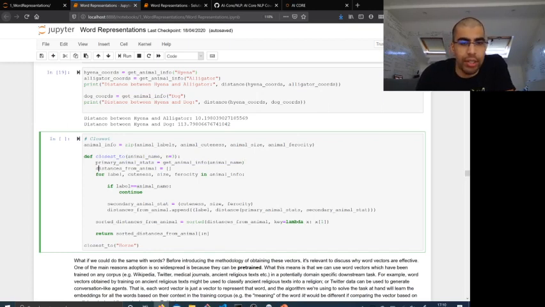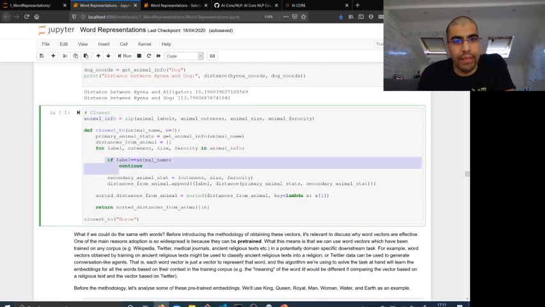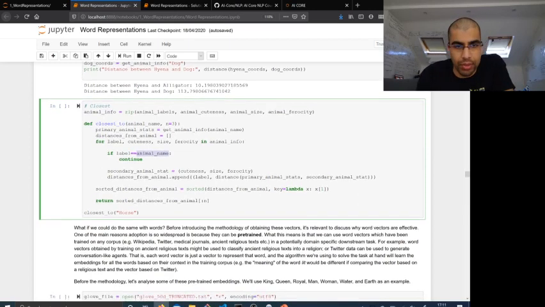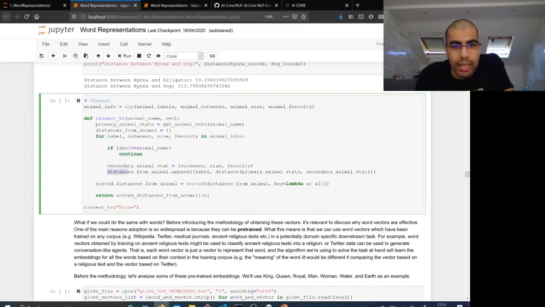And we'll initialize a list of the distances of the other animals from the animal we want to find the distances for. For every animal in our animal info, if that animal is the animal we want the stats for, we'll just skip that loop. Otherwise, we'll find the distance between the primary animal stats and the secondary animal stats, which is the looping over all the animals.